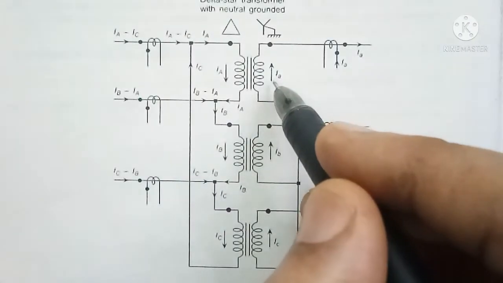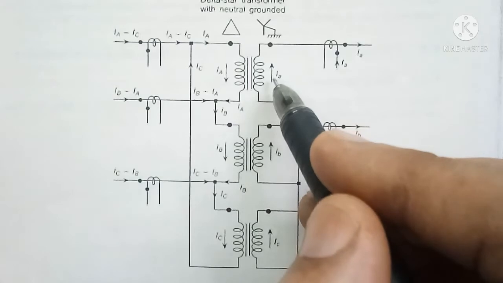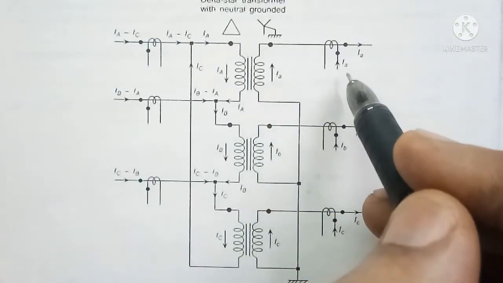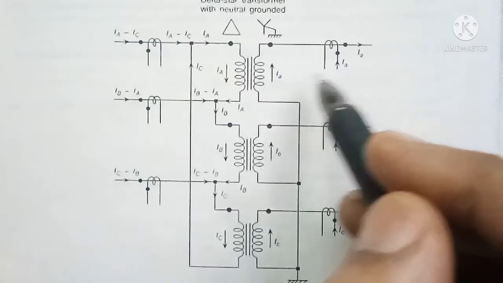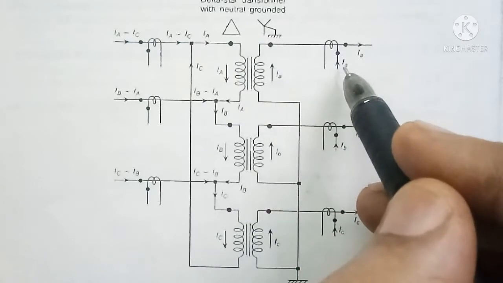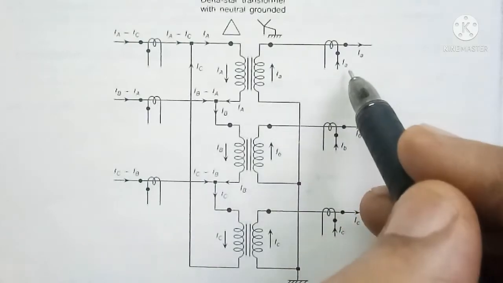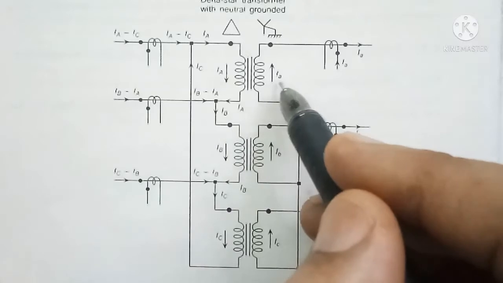But on secondary side, line current and phase currents are equal. Therefore, in CT secondary side we find the phase current only. That is, if IA current is flowing here, we find IA current only. Why IA and IA here?